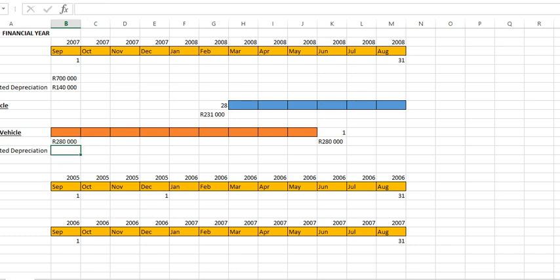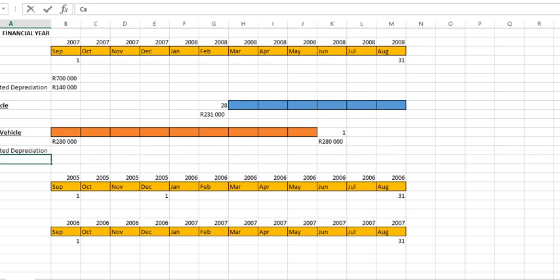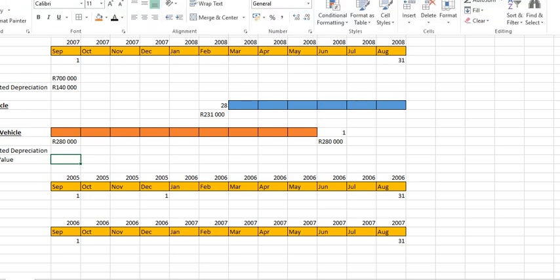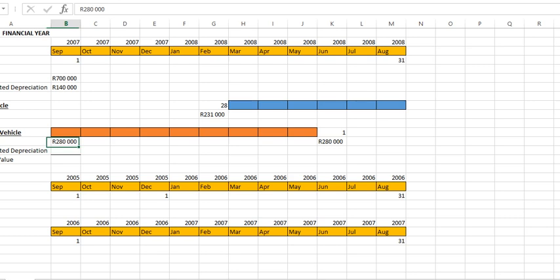But we do not know what our accumulated depreciation was at the beginning of the year. So we cannot determine our carrying value, because cost price less accumulated depreciation equals carrying value. We've got our cost price, but we do not have our accumulated depreciation.